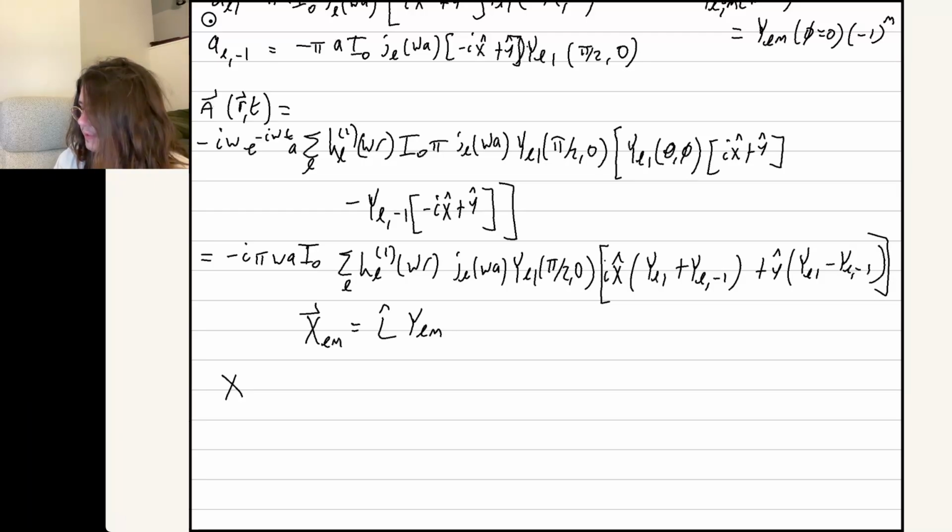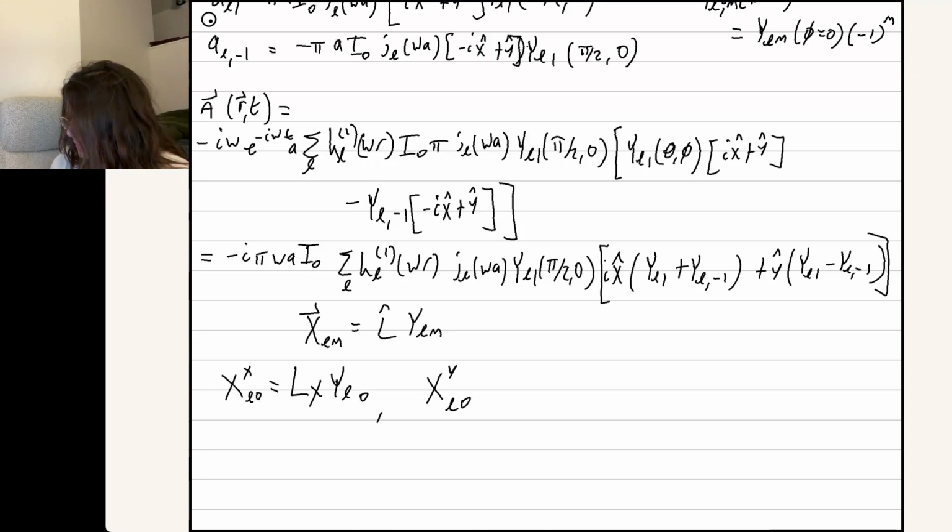So if we want the x component of the L0 spherical harmonic, it'll be the x component of the angular momentum operator times Y_l0, right? Similarly for the z and y components. But the z component is going to end up being 0. So don't worry too much about that.